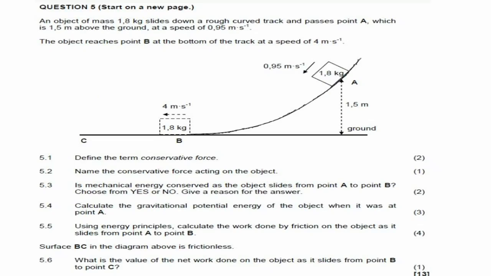Then 5.4 says calculate the gravitational potential energy of the object when it was at point A, right? So to calculate the gravitational potential energy, we know the formula goes as EP equals mass times gravitational acceleration times the height above the ground, or above our 0 point.